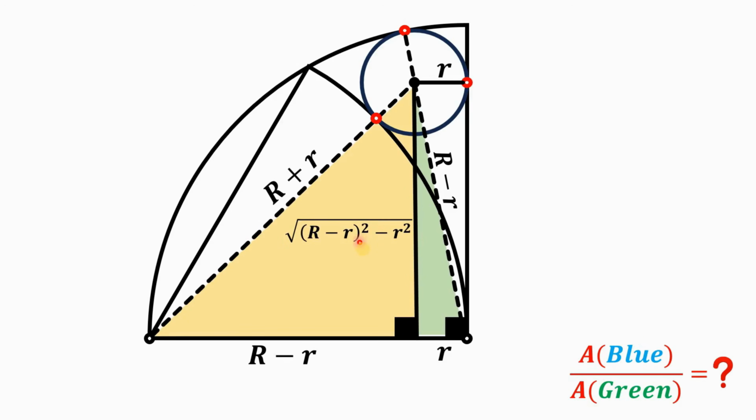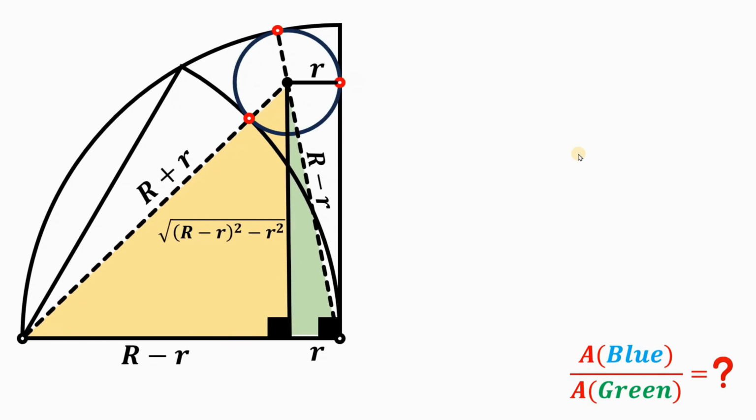So using this right triangle, we can now use these three sides and get the relationship between capital R and r. So using the Pythagorean theorem, a squared plus b squared equals c squared, we have capital R minus r quantity squared plus the quantity square root of capital R minus r squared minus r squared, quantity squared, equals the hypotenuse squared, capital R plus r.